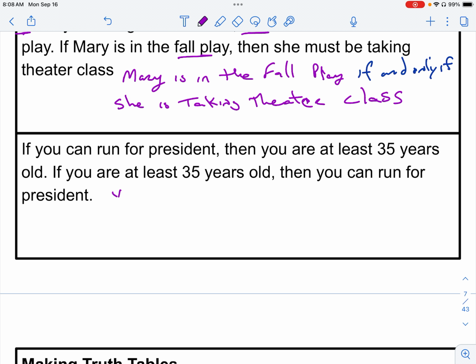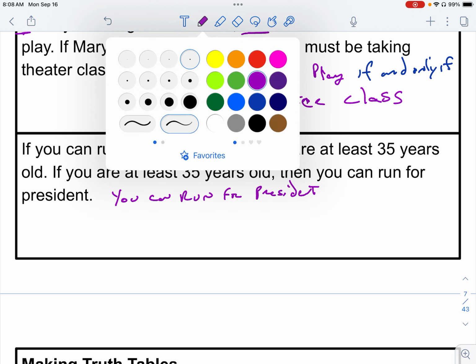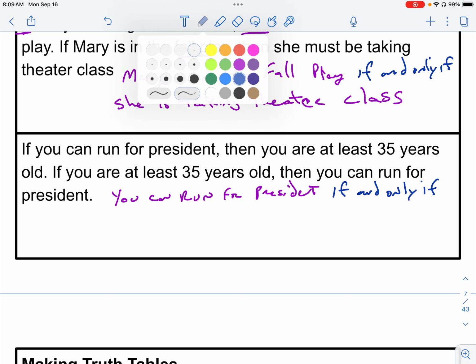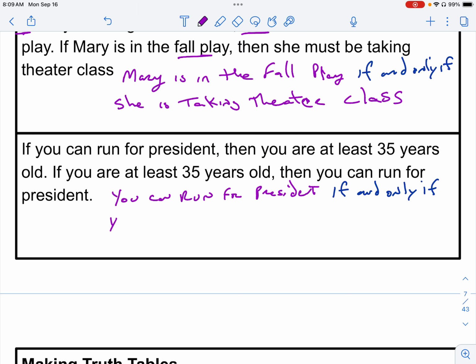Well, you can run for president if and only if you are 35 years old. Much simpler than writing a conditional statement and the converse, which is why we like it.